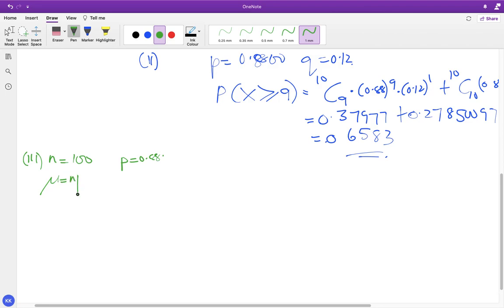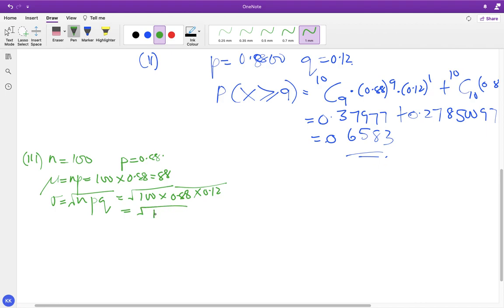So mu equals np, which is 100 times 0.88, and the value is 88. Standard deviation is the square root of npq, which is 100 times 0.88 times 0.12, the square root of 10.56. I'll leave it as the square root of 10.56 for now.